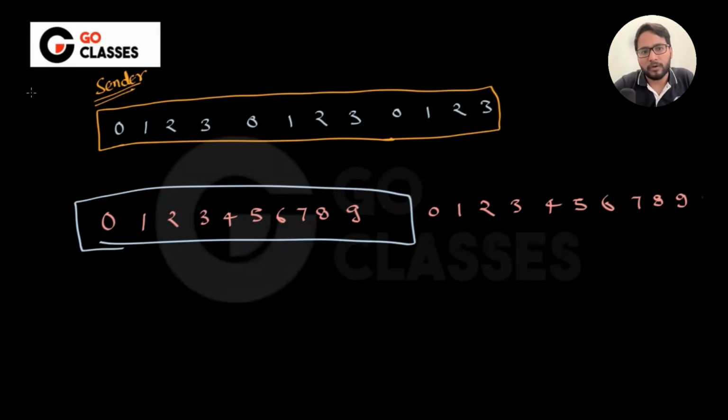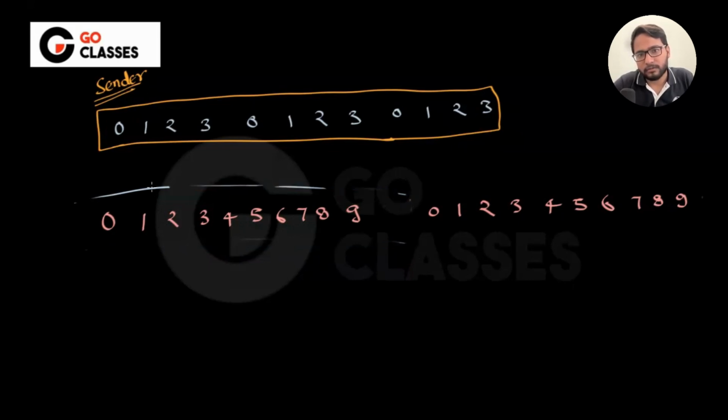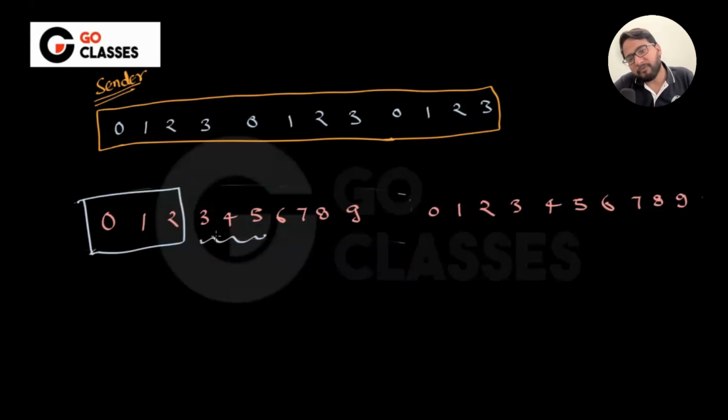Now tell me, if I ask you, can you send 0, 1, 2? If you send this, what receiver will be waiting for next? 3, 4, 5. And if you retransmit 0, 1, 2, is this coinciding with the receiver's next expectations?